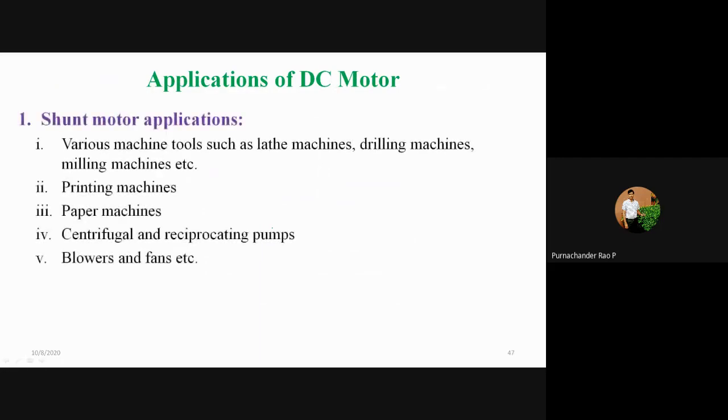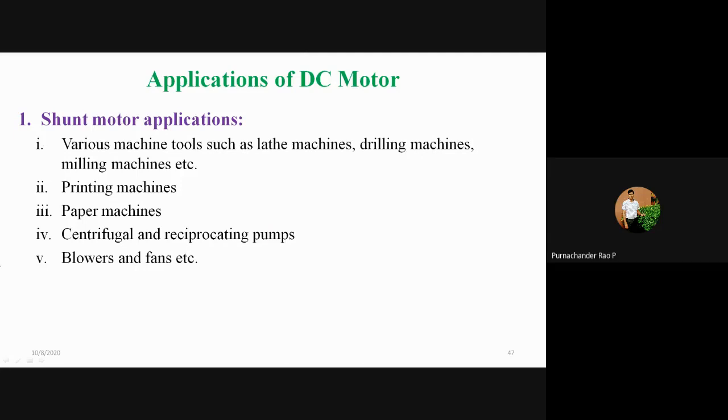Just note down all these applications. The applications of shunt motors: these are used for various machine tools such as lathe machines, drilling machines, and milling machines, because the shunt motor has a constant speed. It is always rotating with a constant speed.